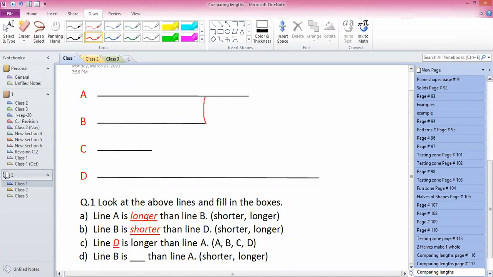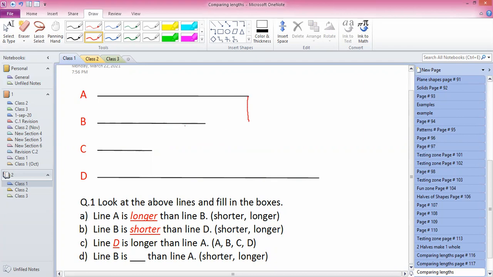Which is longer? A is longer or B is longer? B. How B is longer? Look, this is B and this is A. Which is longer? A is longer, not B. Look, this is the width of A and this is the width of B. Okay?